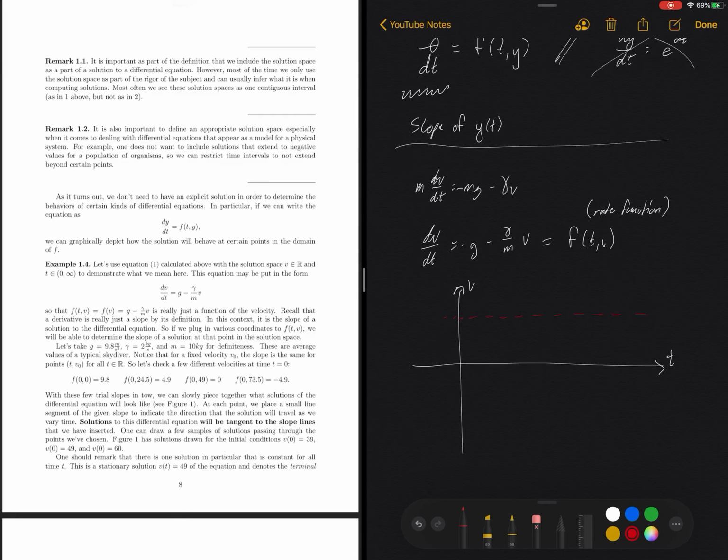There is a value here where all the slopes are 0, right? And I can actually check what that is. You can verify v equals, what's it going to be? Minus mg over gamma. That's just solving for f of t, v equals 0.